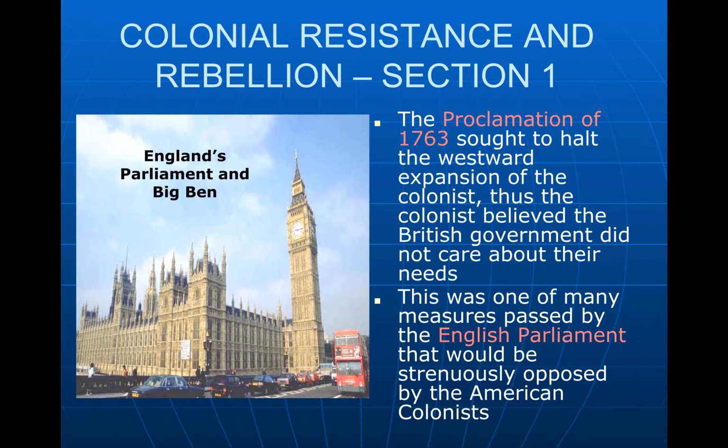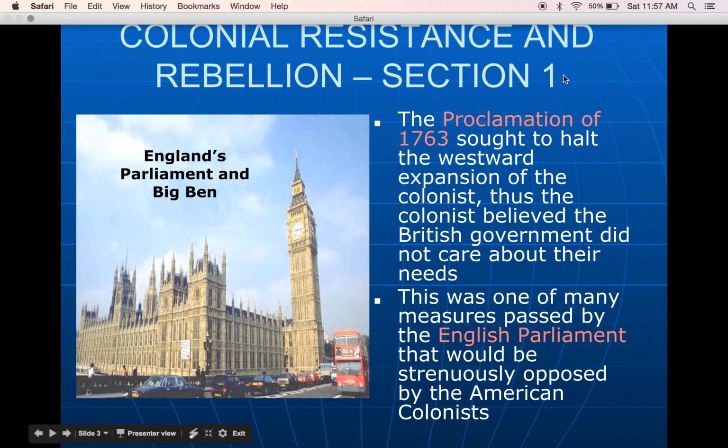The English government felt like if the colonists settled further west of the Appalachians, that they wouldn't be able to ensure their safety. But this is one of the causes because American colonists were very opposed to the Proclamation of 1763.